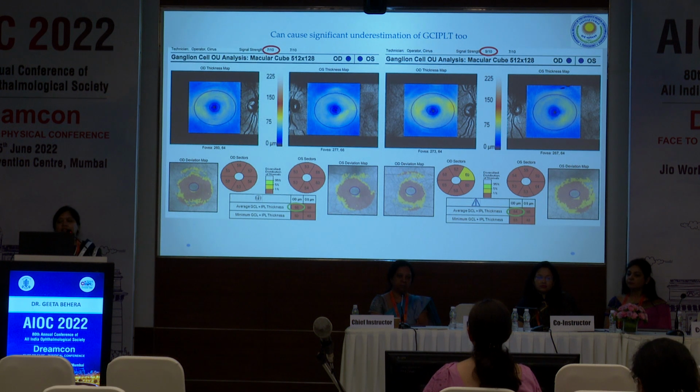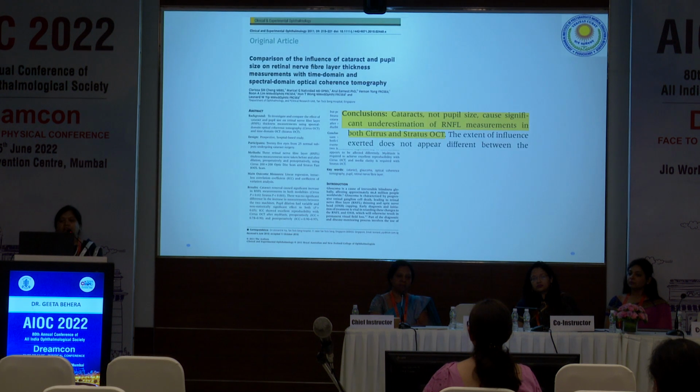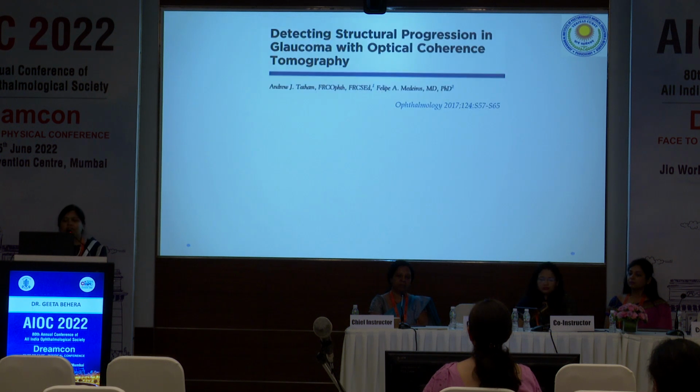If you see, 7 out of 10 is the signal strength here, 9 out of 10 is the signal strength here, but the average thickness is 56 micron and 64 micron. And if you look at the deviation map, you can see the huge difference between both the eyes. Again, cataract causes significant underestimation of RNFL, both in Cirrus and Stratus OCTs.